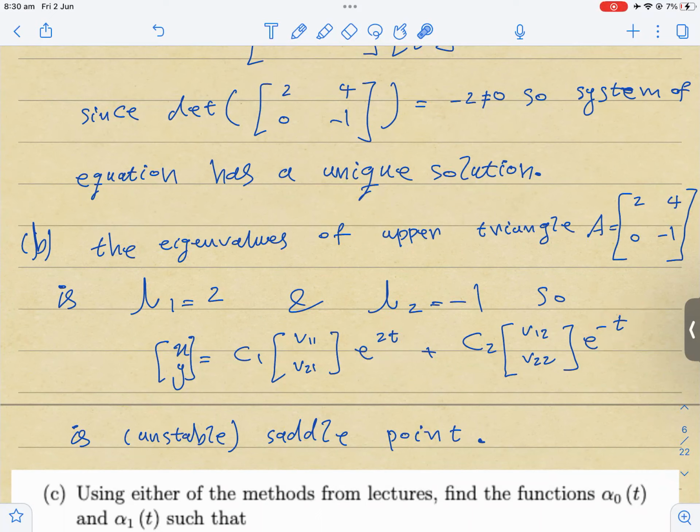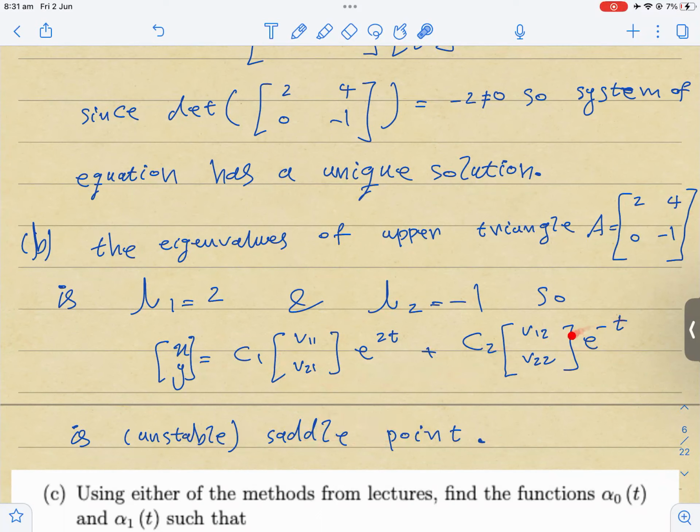If you go to that website from last week and 2 weeks ago, try to plot the vector fields or phase plane, and you can see that the critical point will be a saddle point.